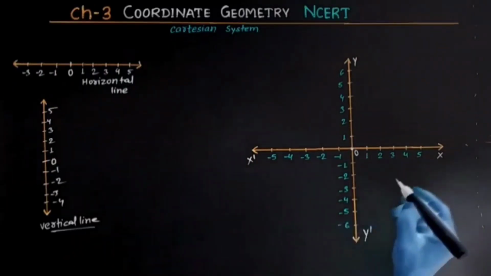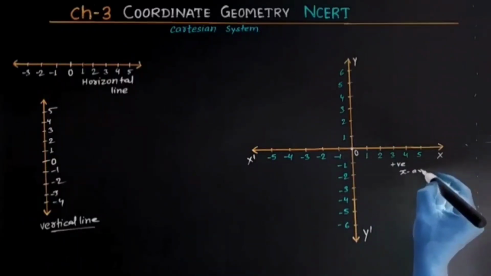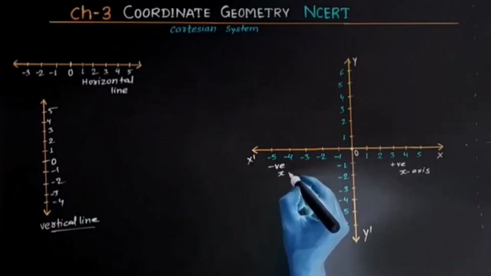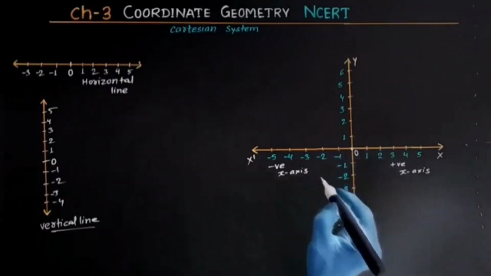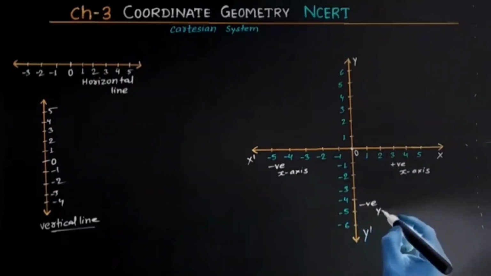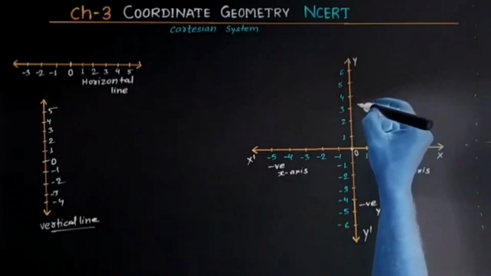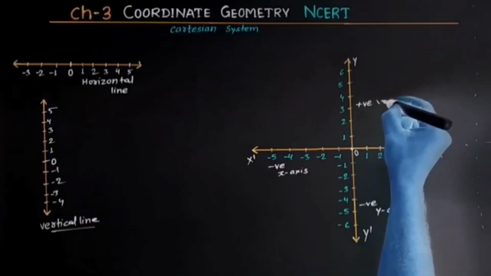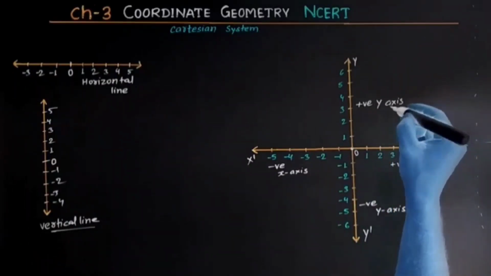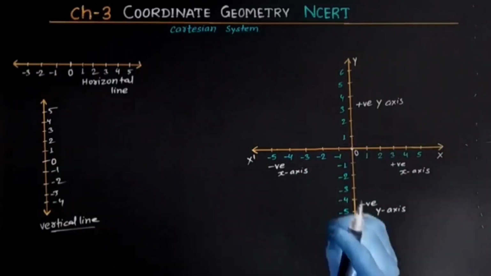Here we have taken 5 points on the x-axis positive side, 5 points on the x-axis negative side. Similarly, 6 points in the downward direction on the y-axis, which is known as the negative y-axis, and 6 points in the positive y direction, meaning upward direction, which is known as the positive y-axis.